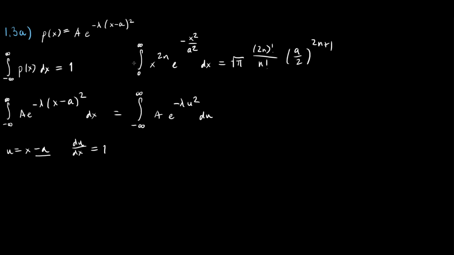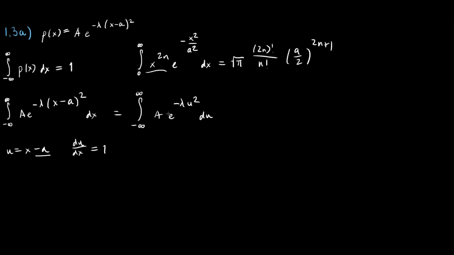This is the relationship for when the power of x is even. In this case, there is no x in front, so the power of x would be x to the 0, which makes 1. That's why we have to use this relationship.